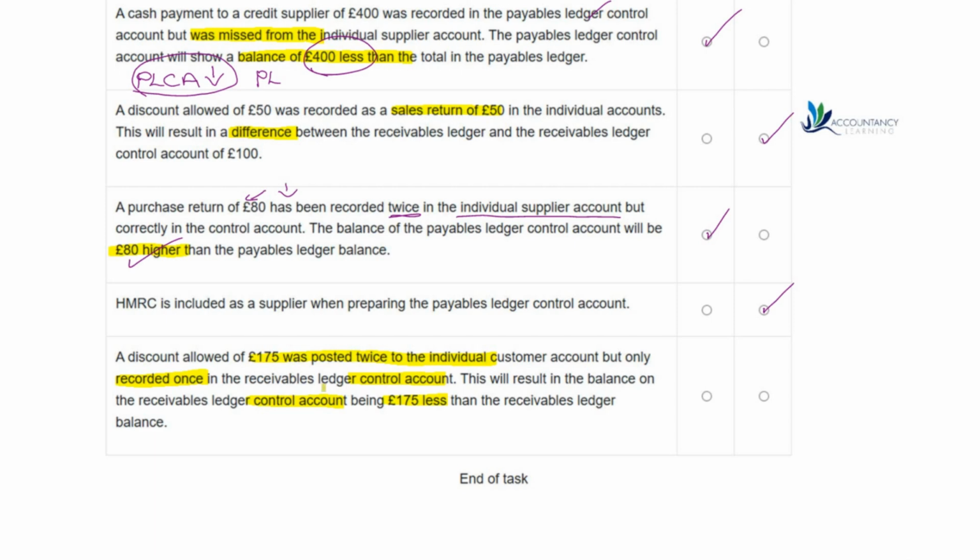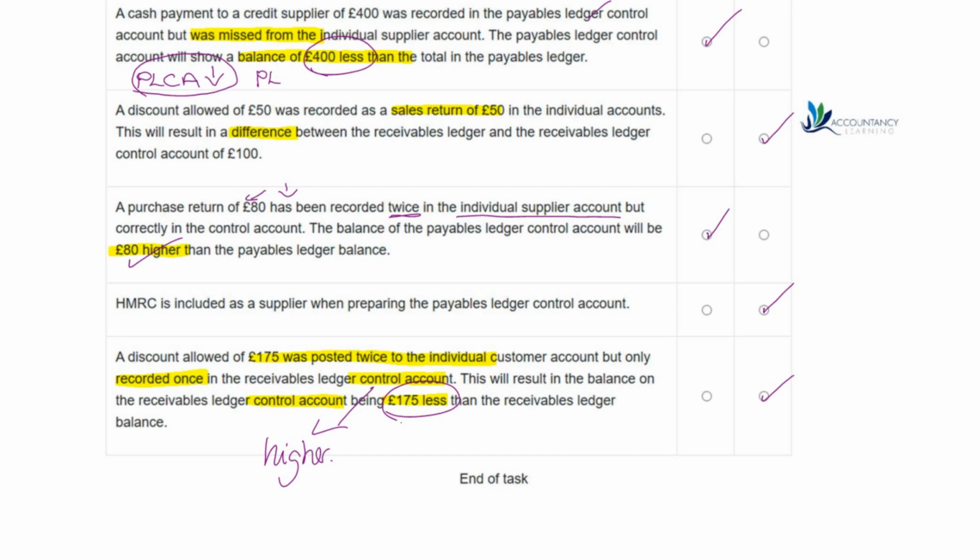So the control account would be higher. That makes it false, because the question says the control account would be £175 less, when in actual fact it would be more.